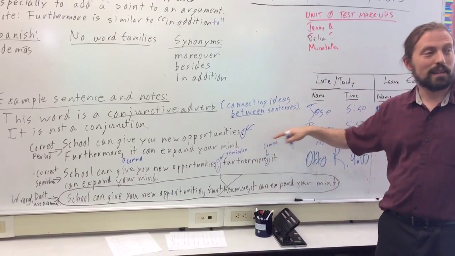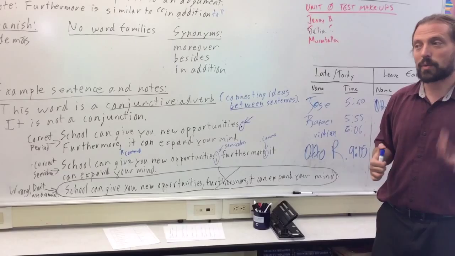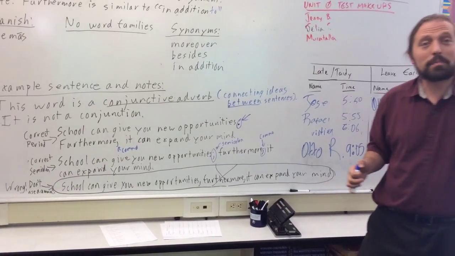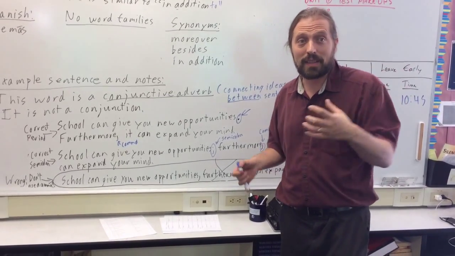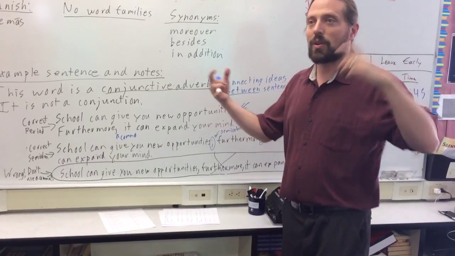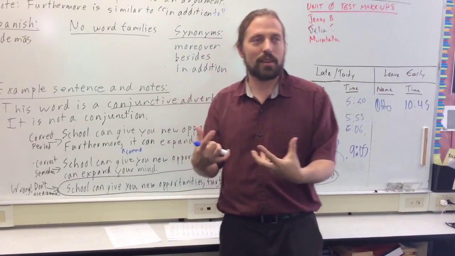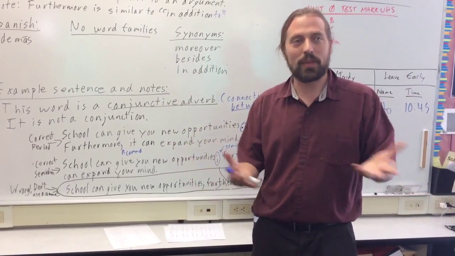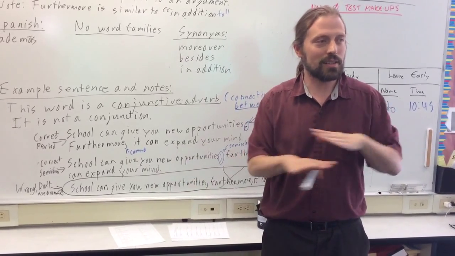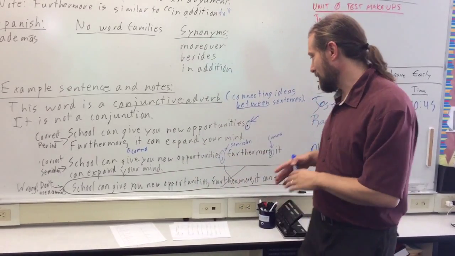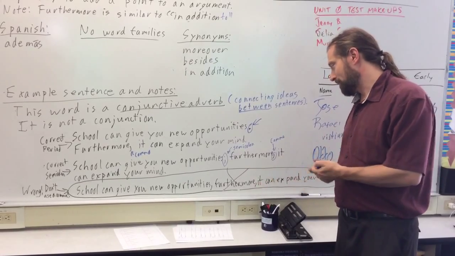Those are both correct. But the most common mistake with this kind of word is that its function is like a conjunction, in the sense that it's showing how two ideas are connected to each other. So people think it's a conjunction, but it's not. That means you cannot put a comma before it.